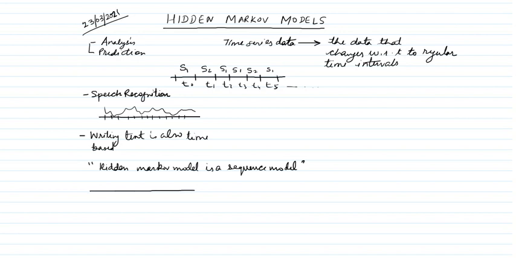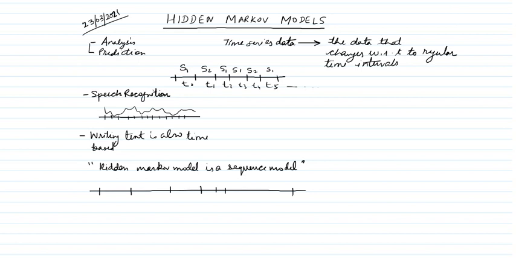Here we have some kind of states, or rather we can say these are observations of some states, right? So we will be modeling how this sentence becomes a hidden Markov model, right?